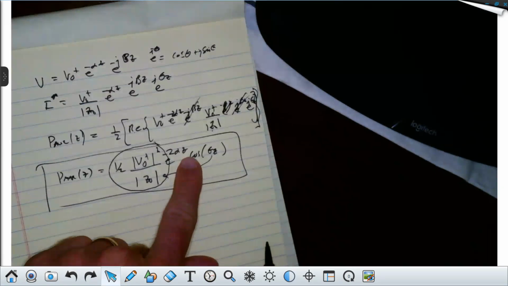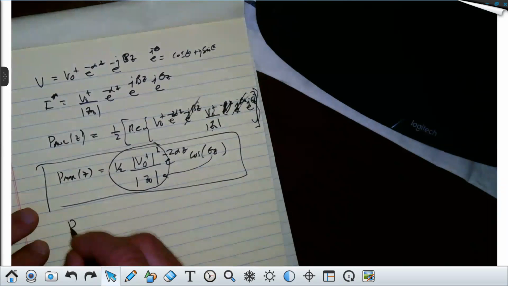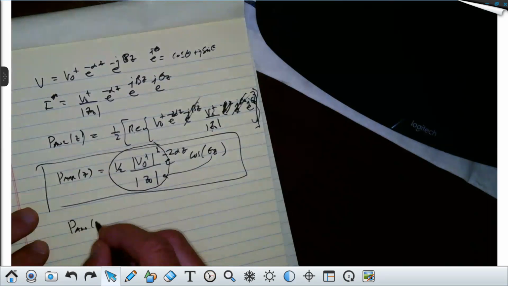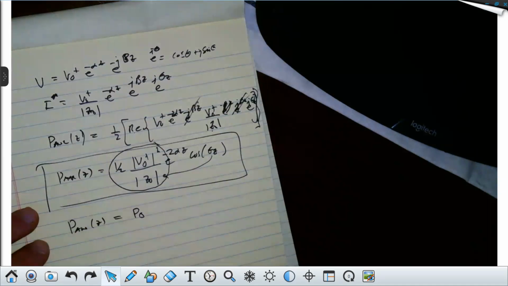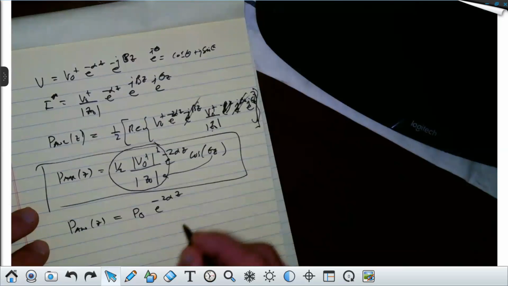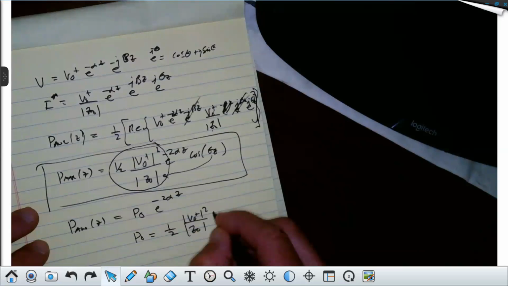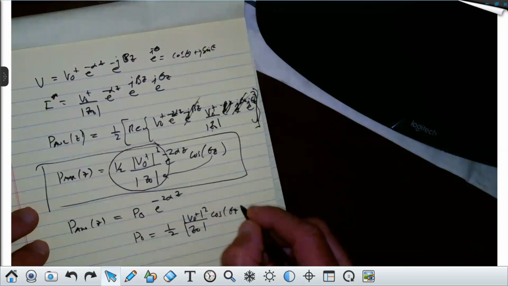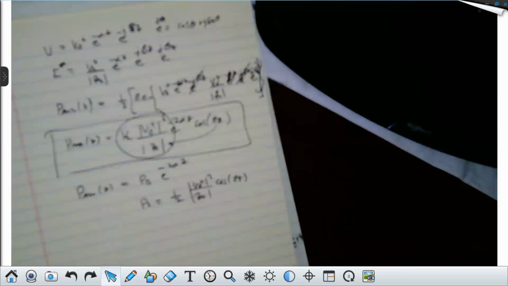At 0, you would have this much power times the cosine. So P average of z can really be put down as P0 times e to the minus 2 alpha z, where P0 is equal to 1/2 magnitude of V naught plus squared over magnitude of Z naught times cosine of theta z. Can you follow me, everyone? Can you all see this okay?